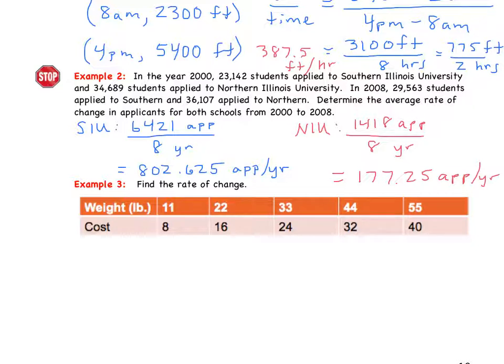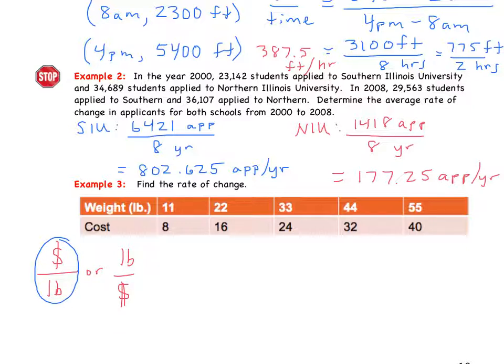Finally, with example 3, find the rate of change. All right, so we're comparing the weight in pounds to the cost. So hopefully we recognize, well, does it make more sense to say dollars per pound or pounds per dollar? Okay, hopefully you recognize that it makes more sense to say dollars per pound.